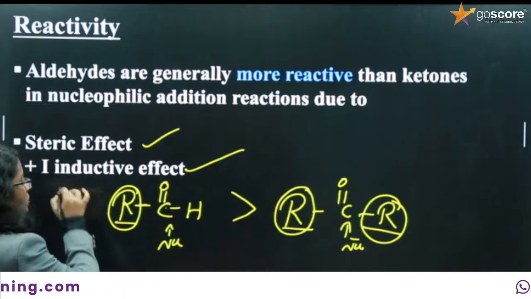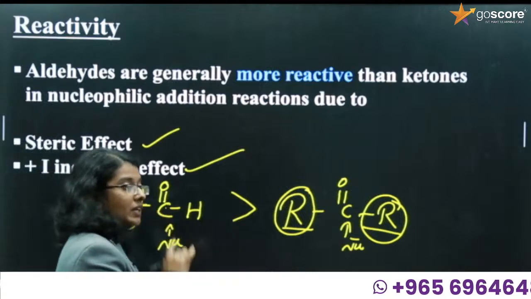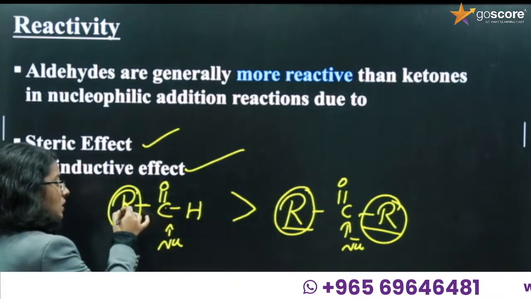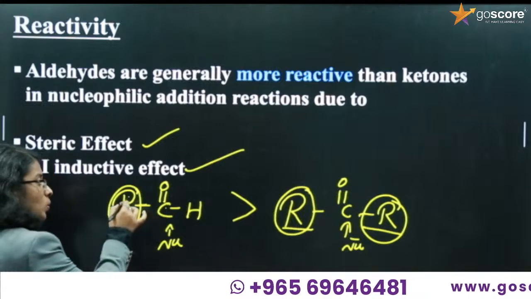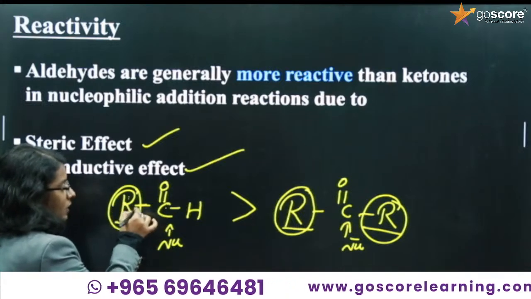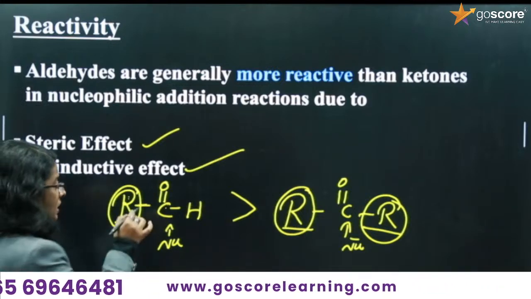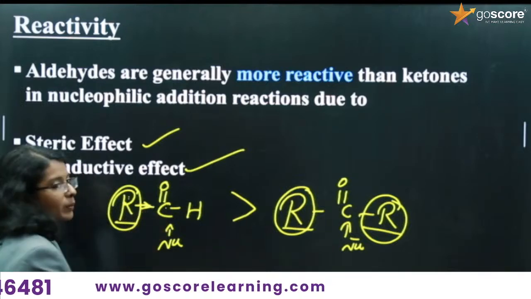And the second one is because of plus I inductive effect. What do you mean by plus I inductive effect? In an aldehyde there is only one alkyl group, and an alkyl group is an electron releasing group, so it will give electrons to the carbon.